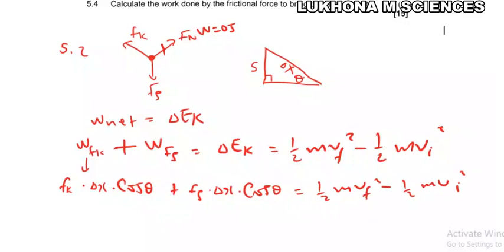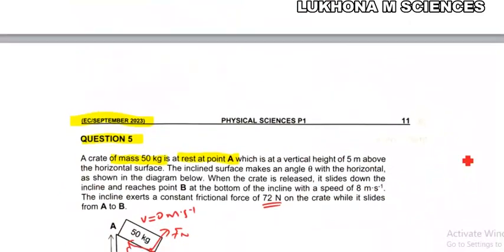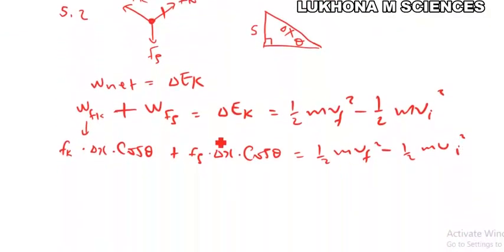So the friction was given up there. Let's check the friction. The friction is 72, as you can see. So the friction on that path is 72. But we do not have the displacement that is parallel to the friction.